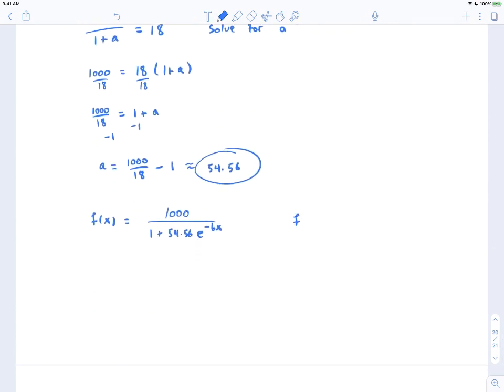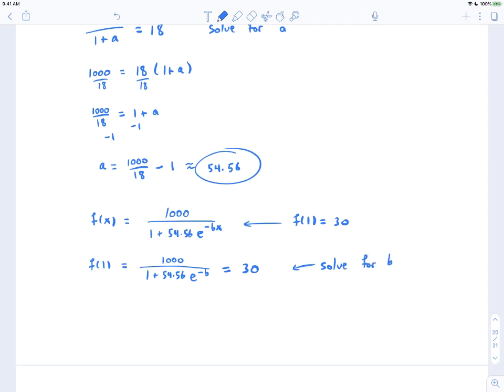So we know that f(1) is equal to 30, and we just plug that in here. So f(1) is equal to 1,000 divided by 1 plus 54.56 times e to the minus b times 1, which is just e to the minus b. But we know that this is equal to 30.